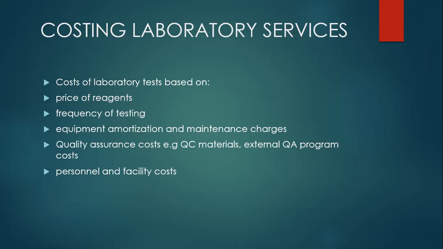your reagent cost. So typically what you can do is that, in the year, how much reagents did you procure for LFTs? How much reagents did you procure for the whole year? You look at, in the year, how much consumables did you use, so gloves, cotton wool, things like specimen bottles.